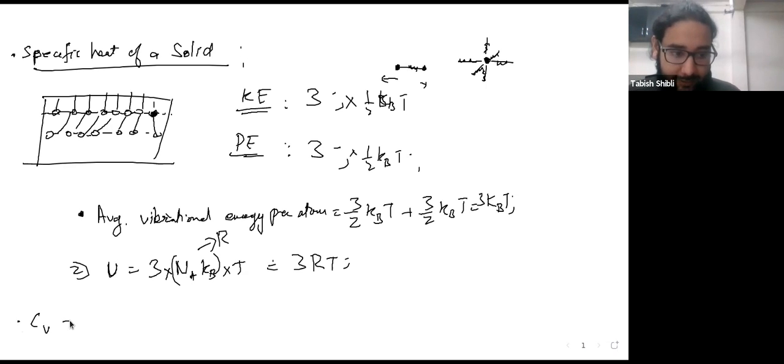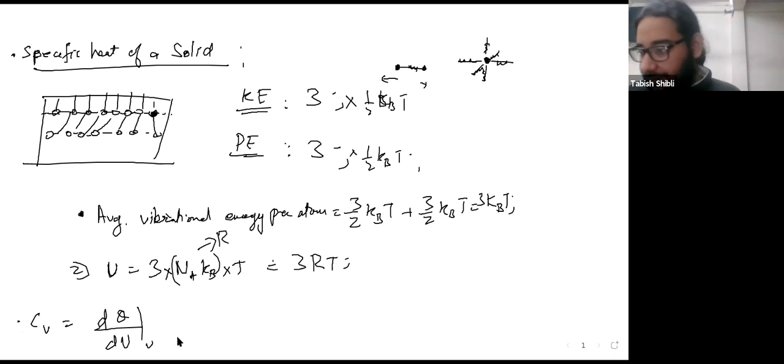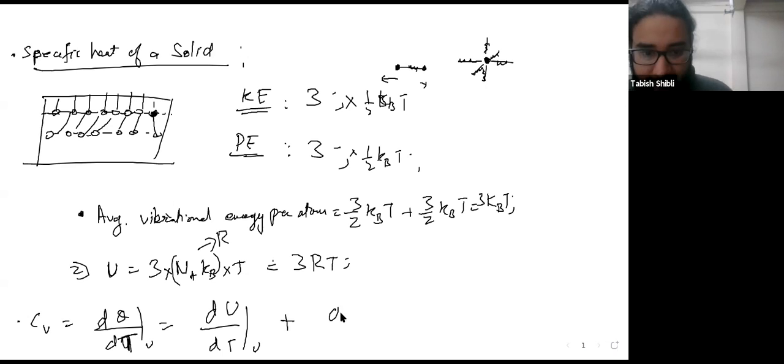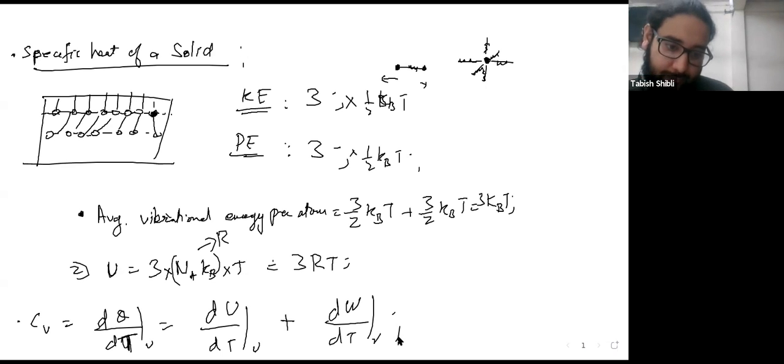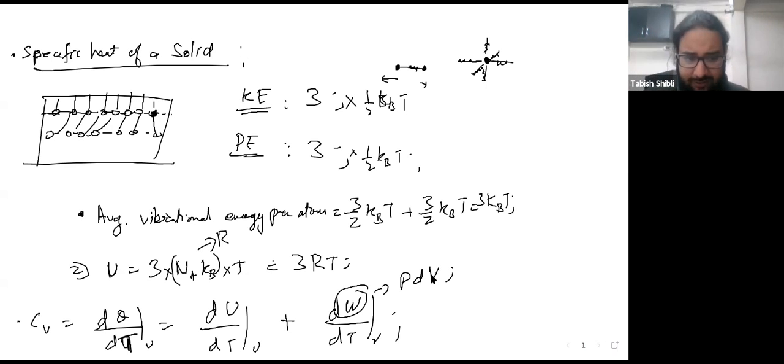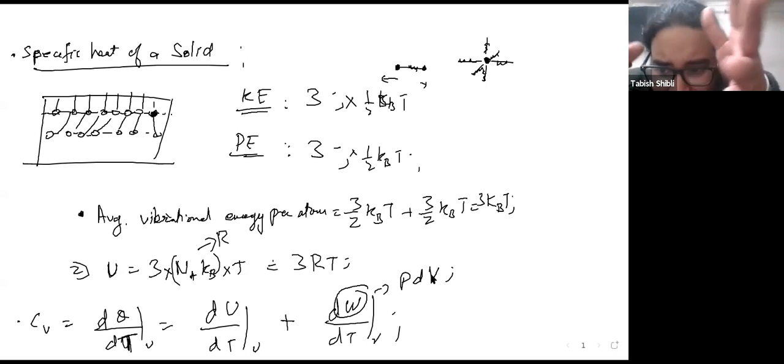What is CV? CV is dq by dT, right? At constant V. This is just equal to dU by dT at constant V plus dW by dT at constant V. But my work done is PdV, and since it's a solid, you cannot really change the volume.